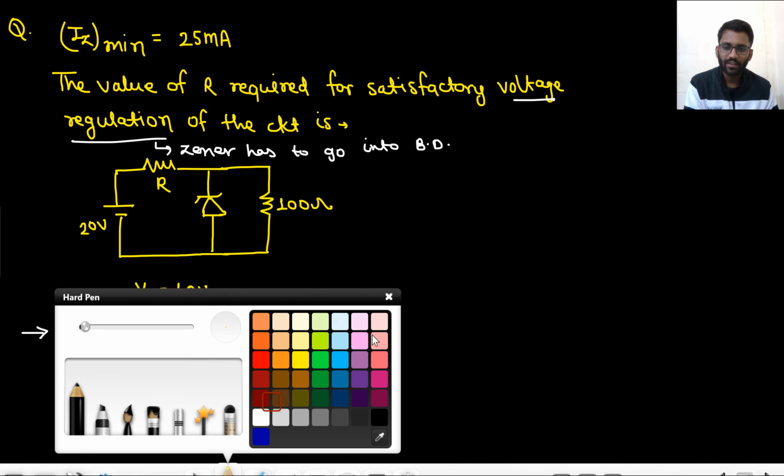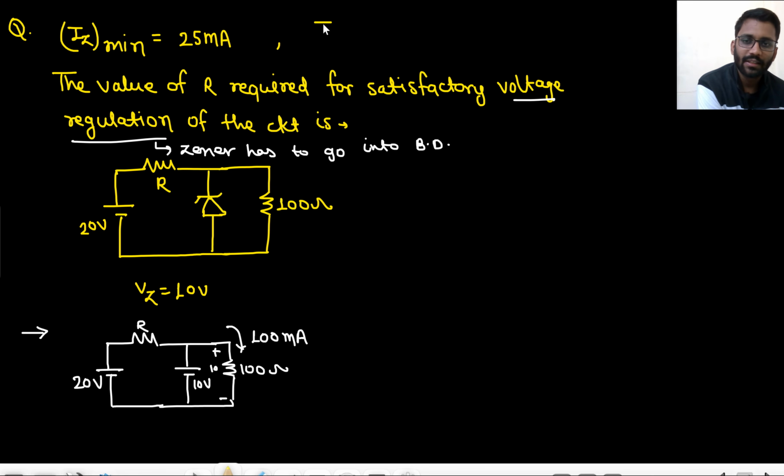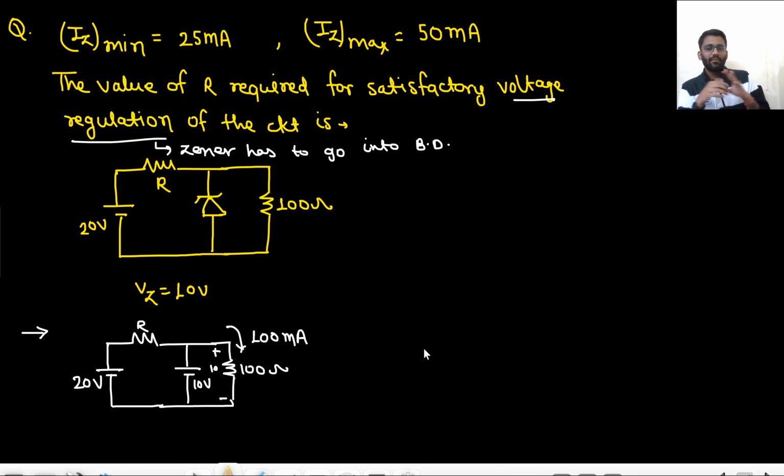Okay, to make this question interesting, I will give you IZ max as well. Okay, your IZ max is 50 milliampere. Now people will think, which should we use, minimum current or maximum current? So tell me, what should you use, maximum current or minimum current?